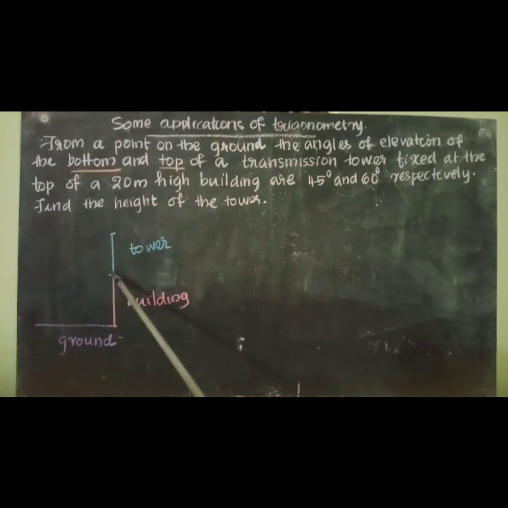This point is the bottom of the tower. This point is the top of the tower. The person is looking to the bottom and the person is looking to the top. Looking to the bottom at the angle of elevation 45 degree.